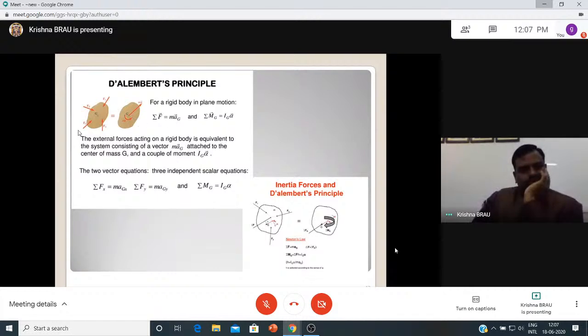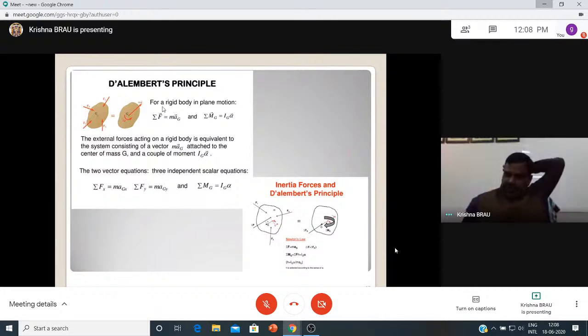Moment is equal to mass moment of inertia instead of mass, and angular acceleration instead of linear acceleration. If this is 0, only rotation, equation 1 is valid. If this is 0, only the translation is valid. So you have to find out the moment.